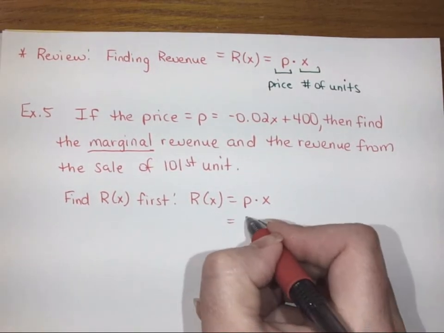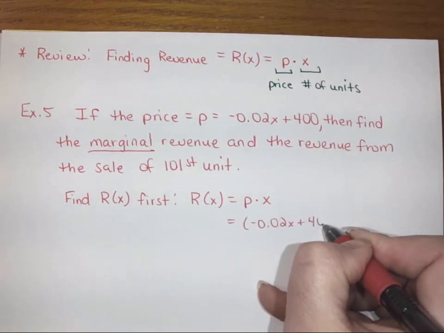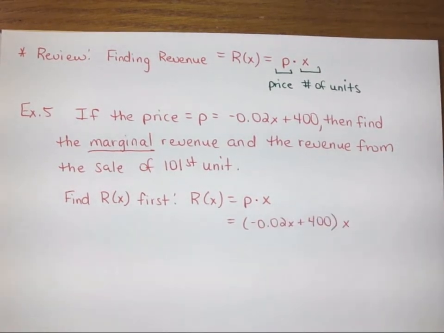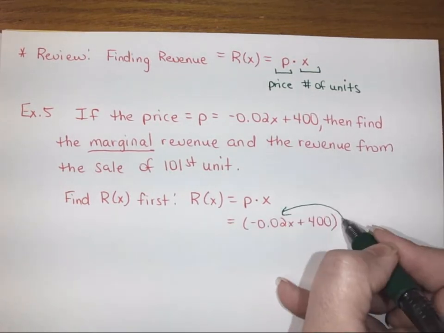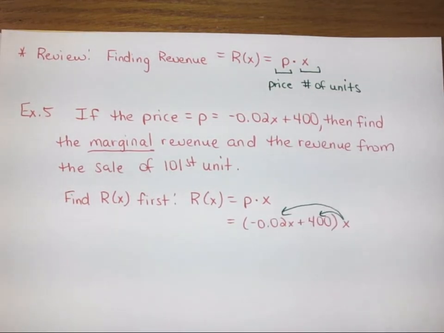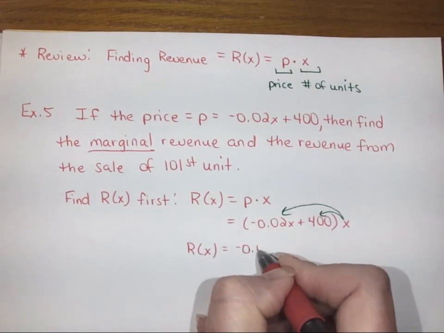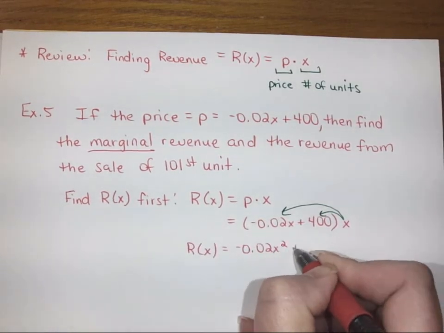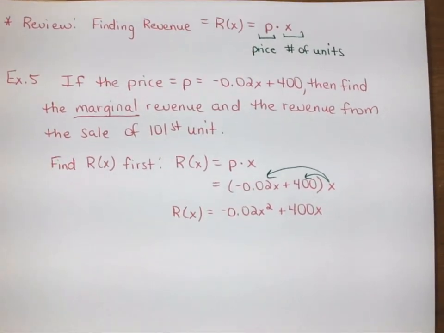So notice our price equation is negative 0.02x plus 400. And I'm going to multiply x times that. This is kind of like distributive property, but it's just a little backwards. Okay. So my revenue equation then is going to be negative 0.02x squared plus 400x. I'm not going to circle that because that's not what the problem asked for, okay?